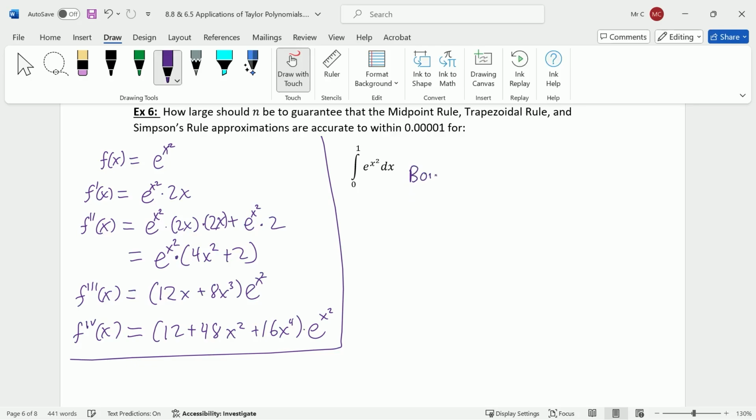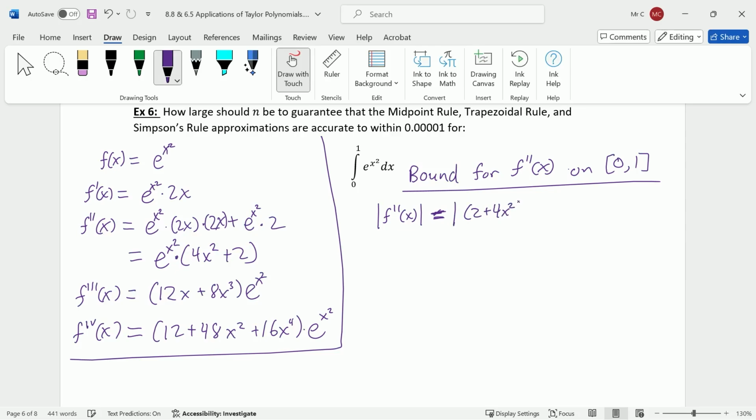So the bound for f double prime of x on the interval that we're concerned with, which is 0 to 1. Well, how do we find that? We look at the absolute value of the second derivative, which is the absolute value of 2 plus 4x squared times e to the x squared. And this is bounded by what?